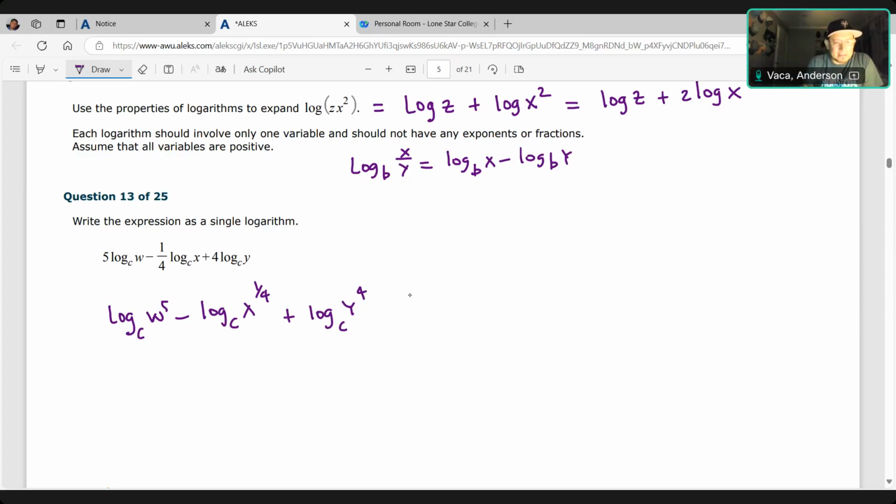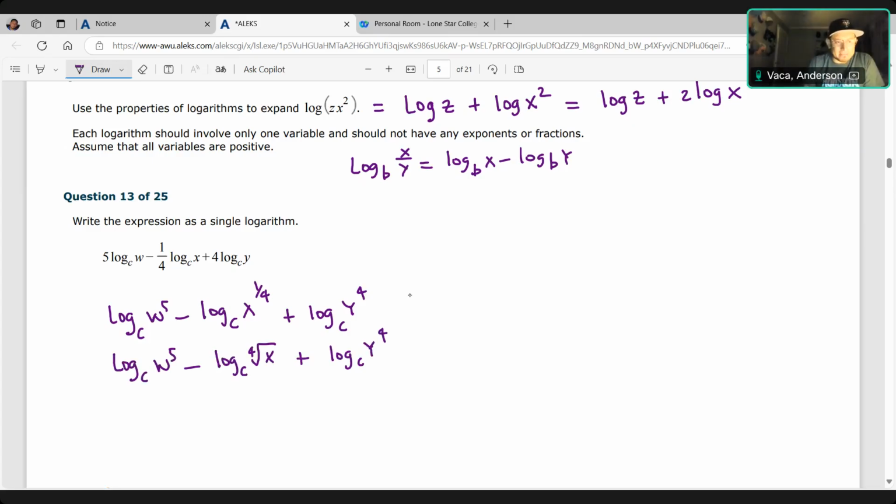Let me write it like so: the logarithm base c of w to the 5th power minus the logarithm base c of the 4th root of x plus the logarithm base c of y to the 4th power.